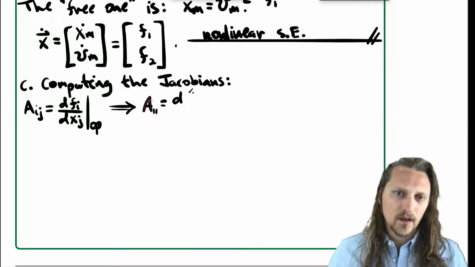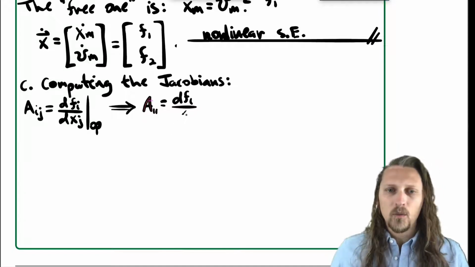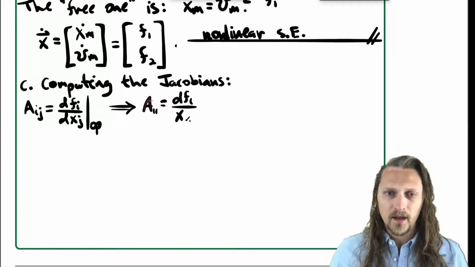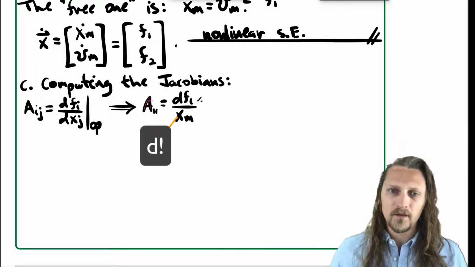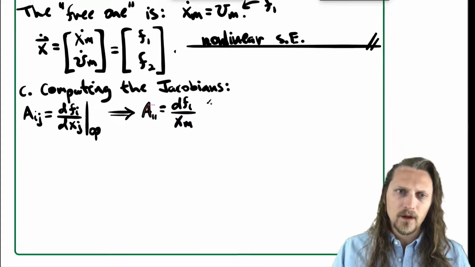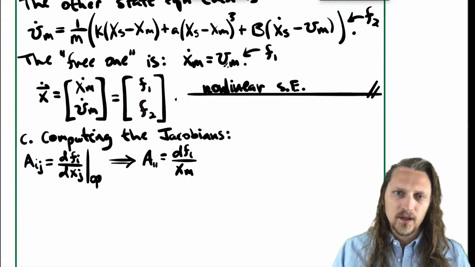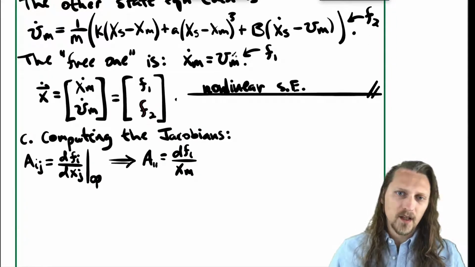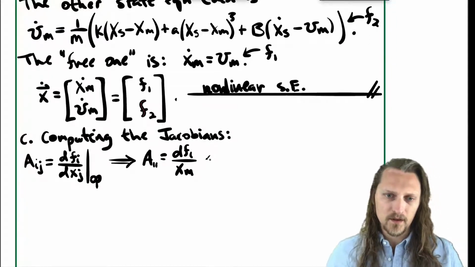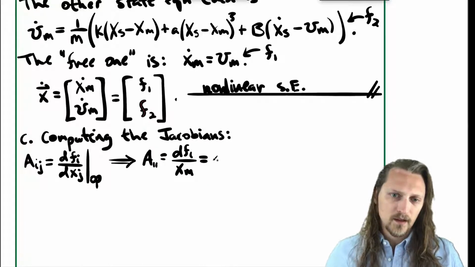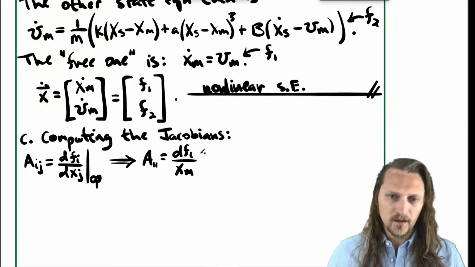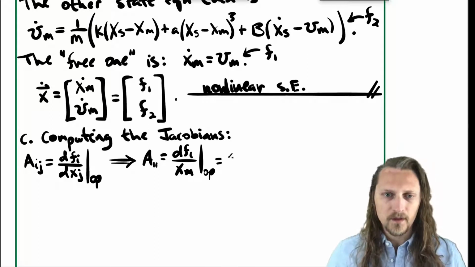So df1 d, what is our x1? It's xm, right? The first state variable, xm. So f1 is this. Our first state variable is xm, and it doesn't appear explicitly here, and so that derivative, evaluated at the operating point, is equal to 0.